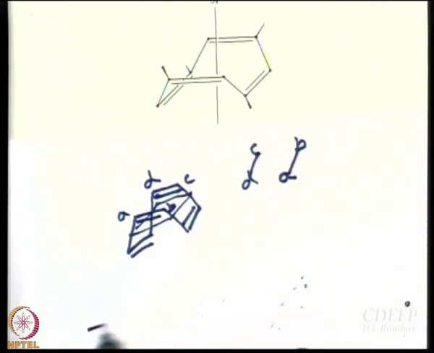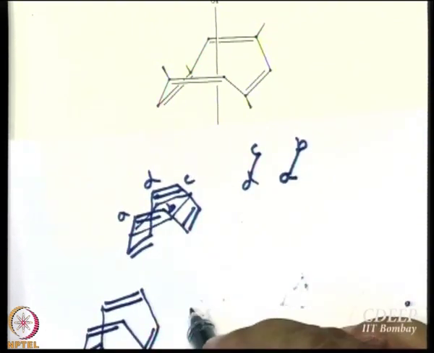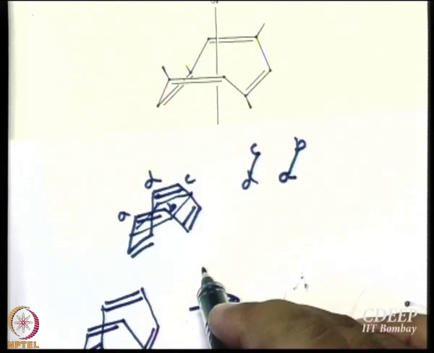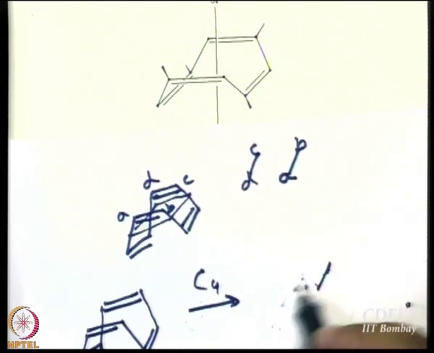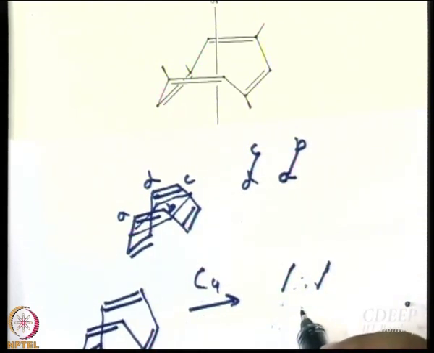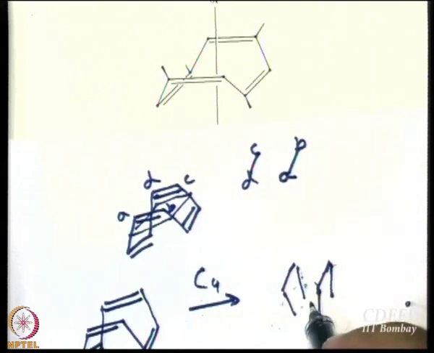Let me see if I can draw it. You start from here. Turn by 90 degrees, so C4 operation, what do you get?